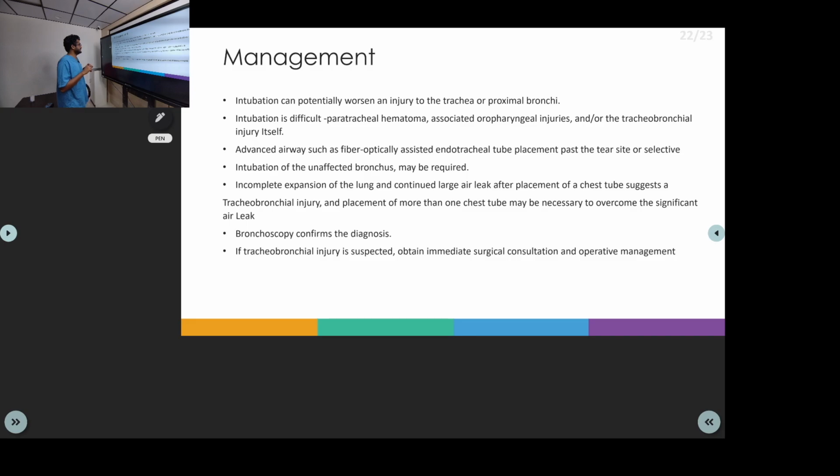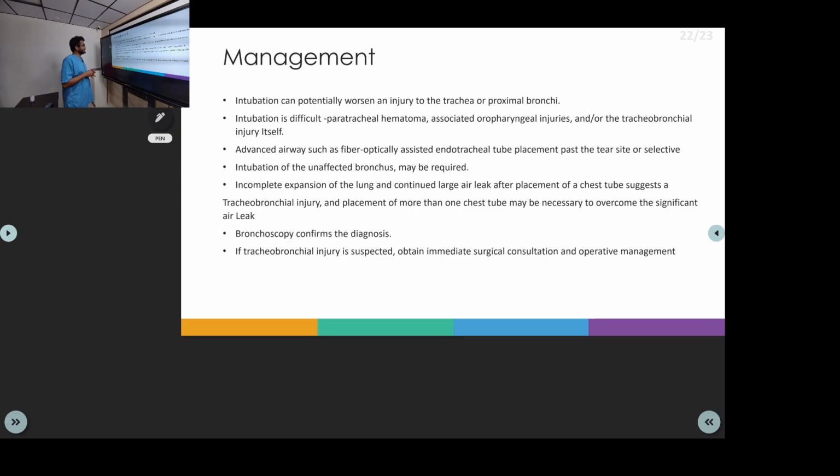Management: intubation will be difficult as the patient has a tracheobronchial injury. If you are going to secure an advanced airway, it can be done with fiber-optically assisted intubation, and intubation of the unaffected bronchus can be done.